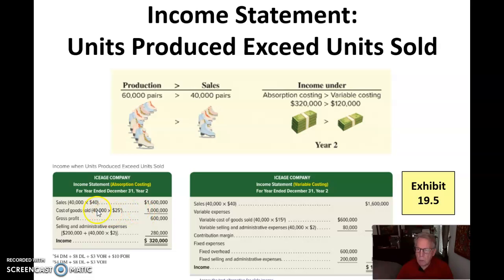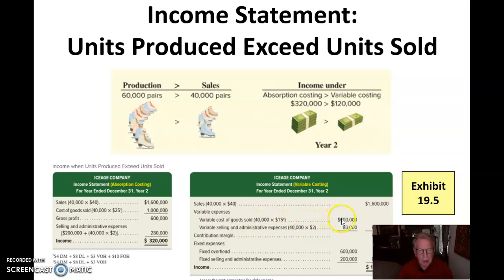And we take what we sell, which is 40,000 units times $25 per unit, gives me $1 million here. Gross profit 600,000. We do the same calculation here for selling and administrative expenses, and our income is 320,000.